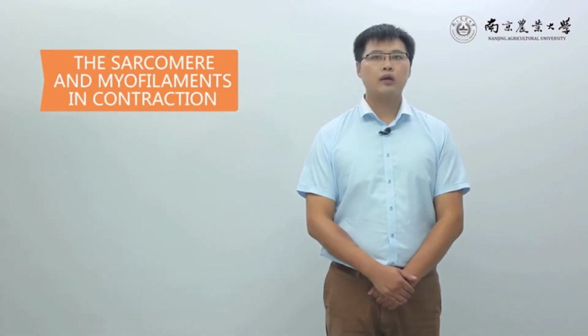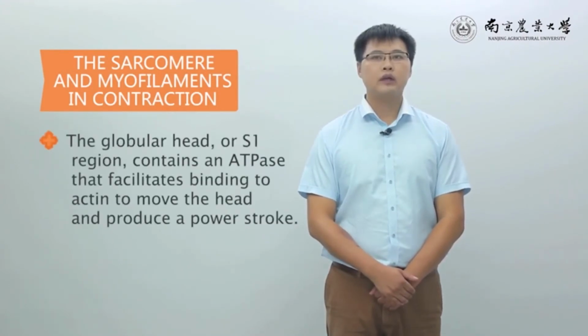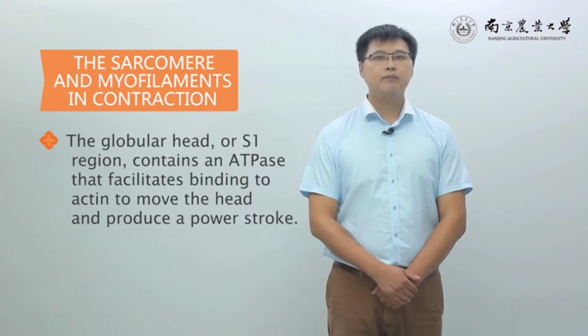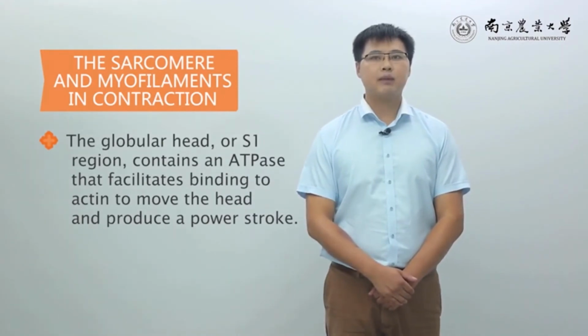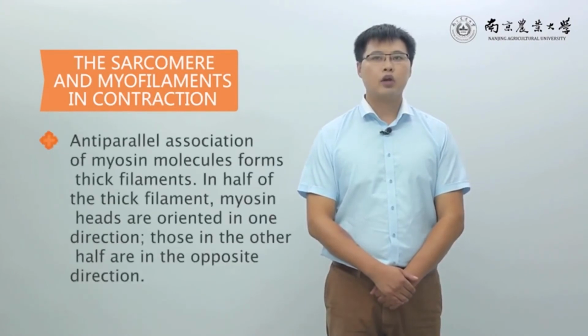Finally, we will learn the sarcomere and myofilaments in contraction. The globular head of myosin contains an ATPase that facilitates binding to actin to move the head and produce a powerful stroke. Antiparallel association of myosin molecules forms thick filaments.